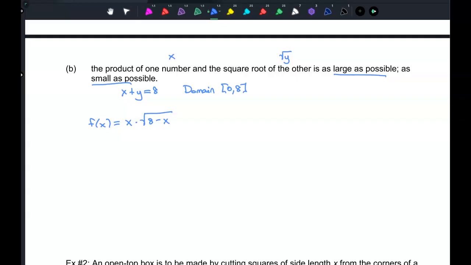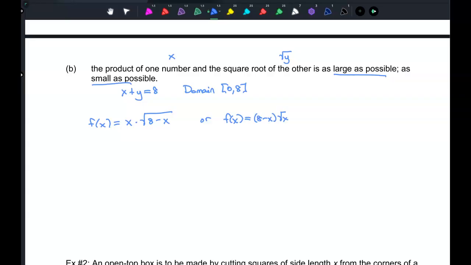But how do we know x isn't the one in the square root? It actually doesn't matter. I could do 8 minus x times the square root of x. It doesn't matter, because when we go back and plug in, it'll all work out.